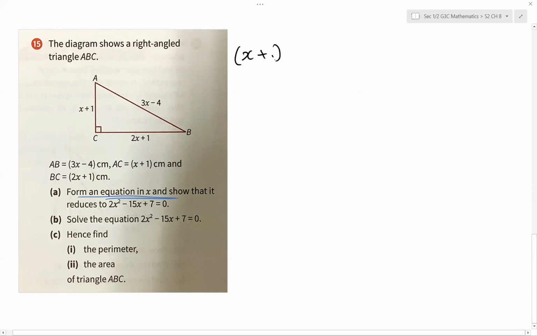For x plus 1, when you square it, x squared plus 2x plus 1. You square it. So this is known as the sum of the squares of the two shorter sides. It has to give us 3x minus 4 squared. Pythagoras theorem.